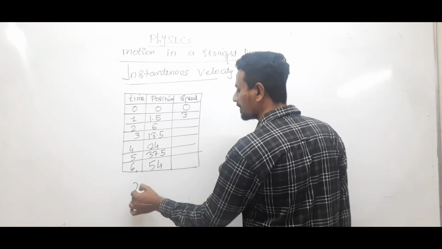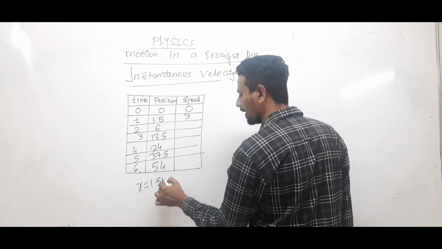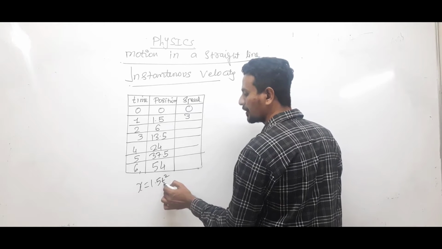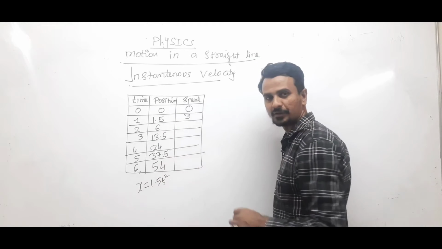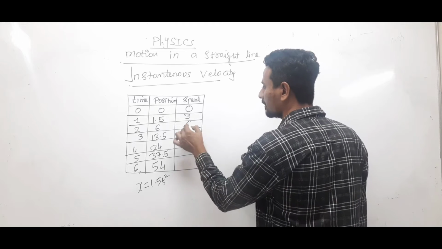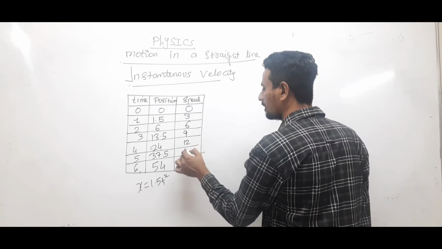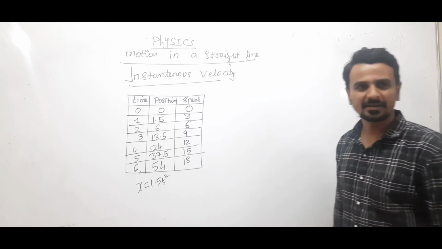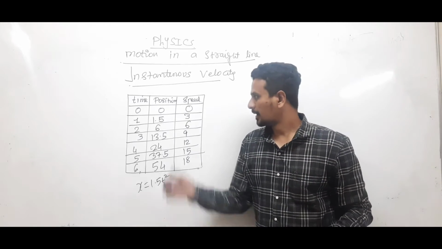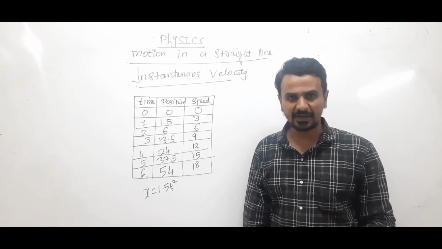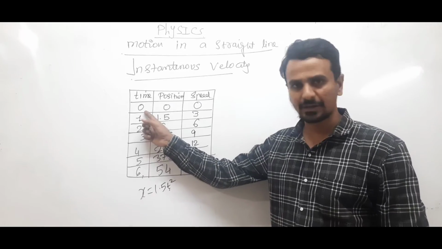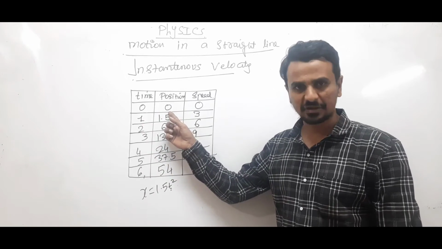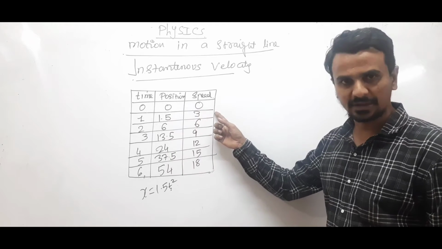With the help of the equation x equals 1.5 t square, substitute t as 0, 1, 2, 3, 4, 5, 6 and you will get the positions. The speeds go 0, 3, 6, 9, 12, 15, 18, multiples of 3. The speed here is instantaneous speed. At t equals 0, the car is at position 0 and its speed is also 0.